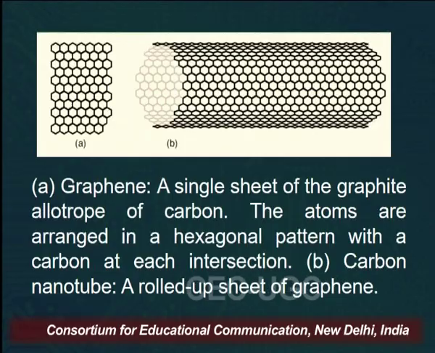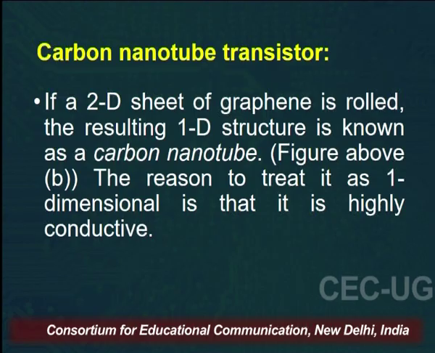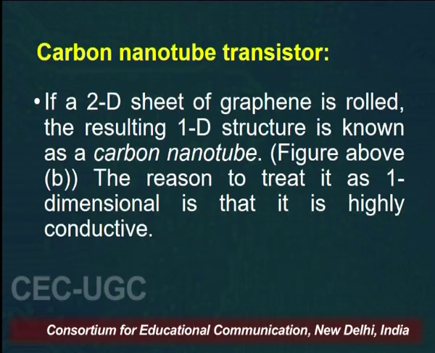The atoms are arranged in hexagon patterns with carbon at each intersection, and on the right hand side we have a carbon nanotube, a rolled sheet of graphene. So the 2D sheet of graphene, rolled, results in the 1D carbon tube. So we have 1D and 2D structures which are used for the transistor. Further we will discuss in the next lecture.